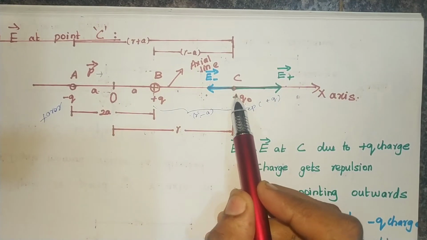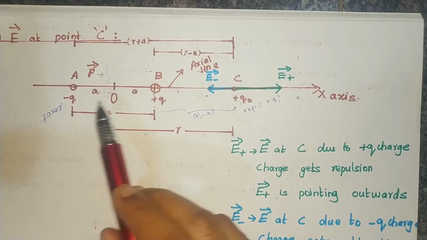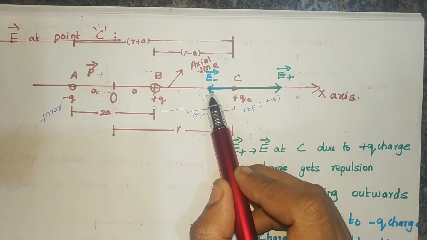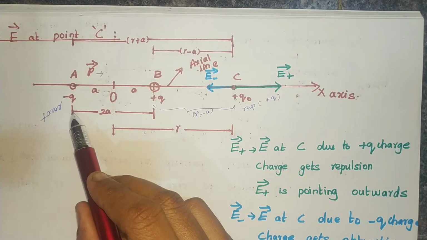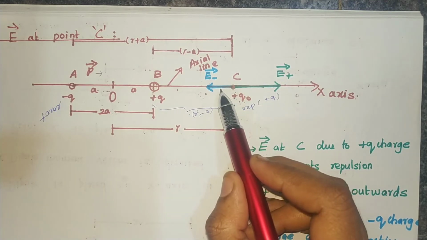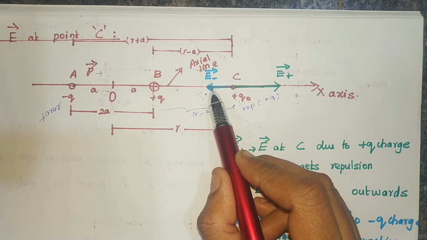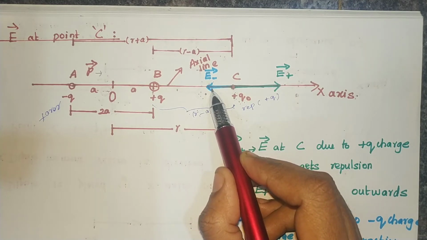The electric field due to this minus q is acting in the inward direction because there is attraction. இங்கே minus q இருக்கு, இங்கே plus q naught இருக்கு. So there is attraction. அப்போ electric field E minus vector will be acting inwards. Okay?